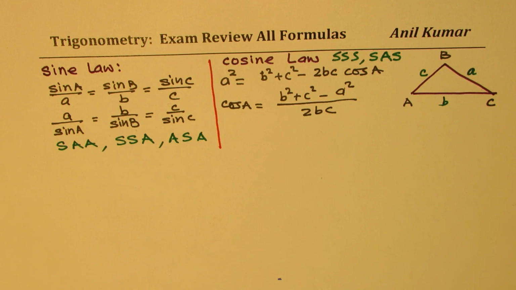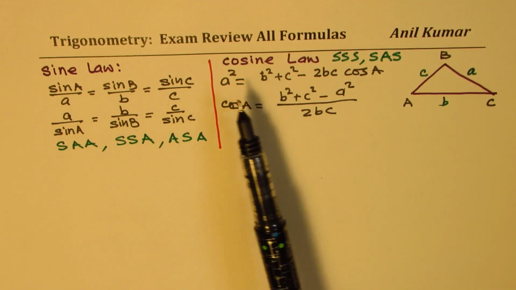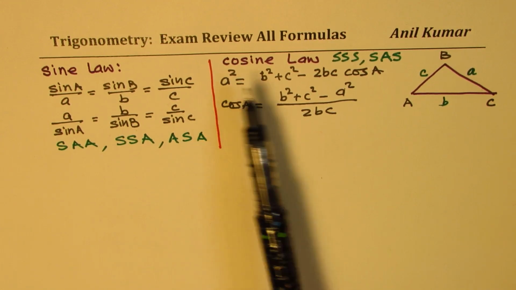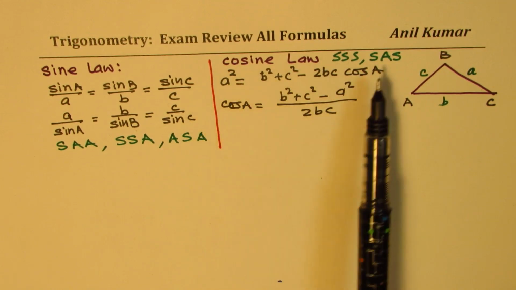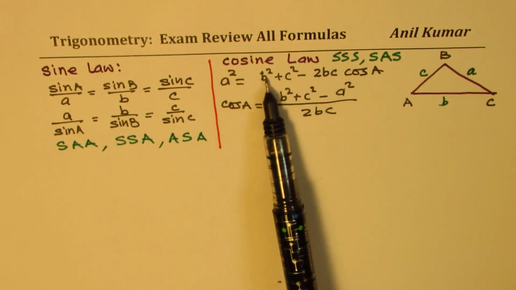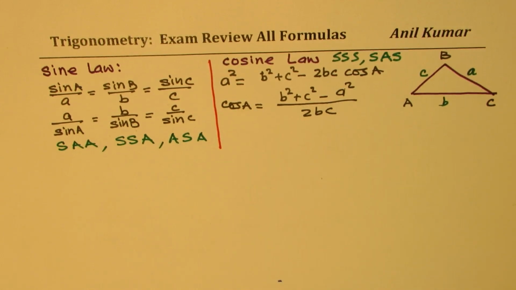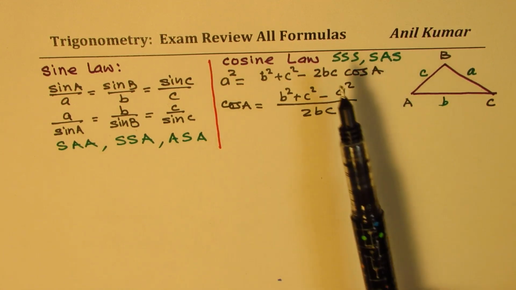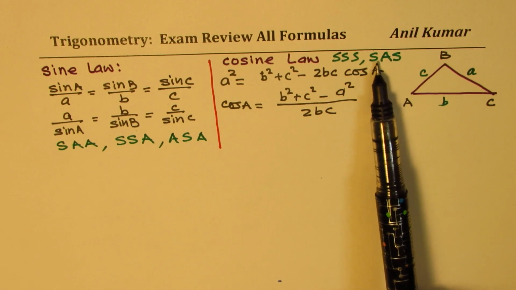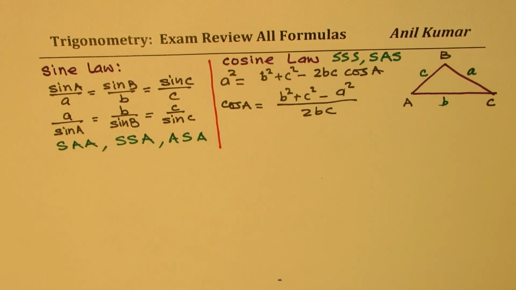Perfect. So remember this part. If you want to find, let's say, side b, the angle will be B. Only the letters change accordingly, correct? So that is how you could actually use cosine law to find the solution of a triangle. So you should be given three things, either three sides or side, angle, side.